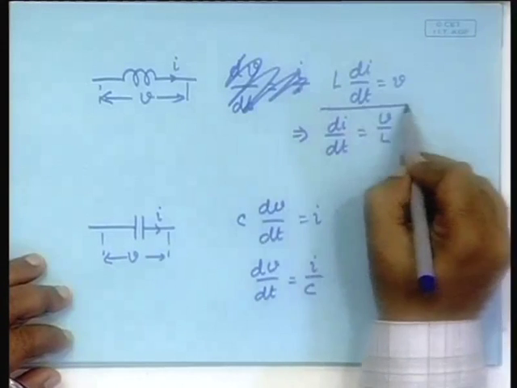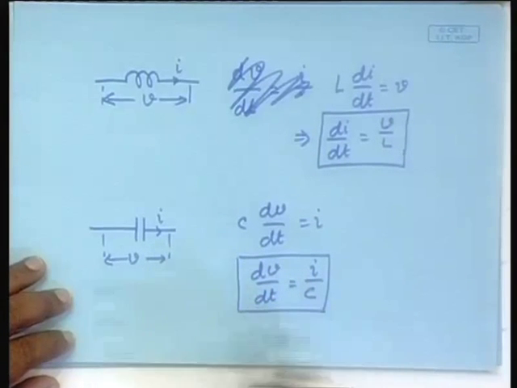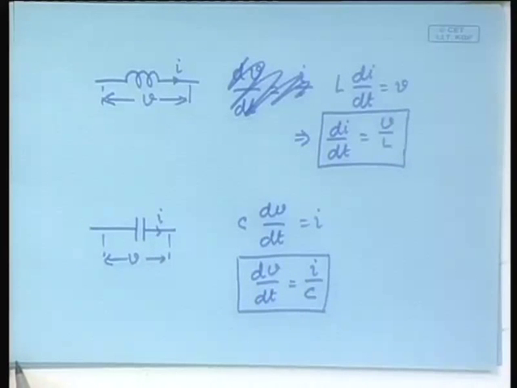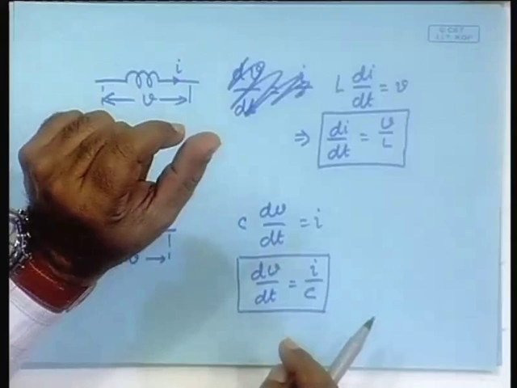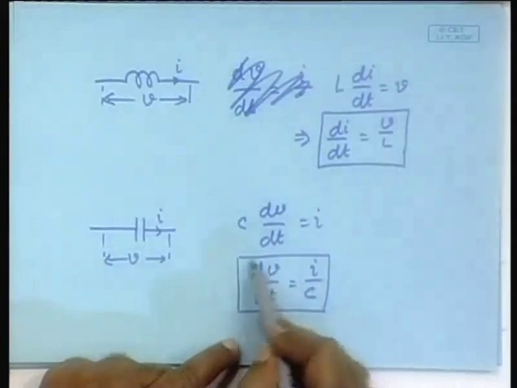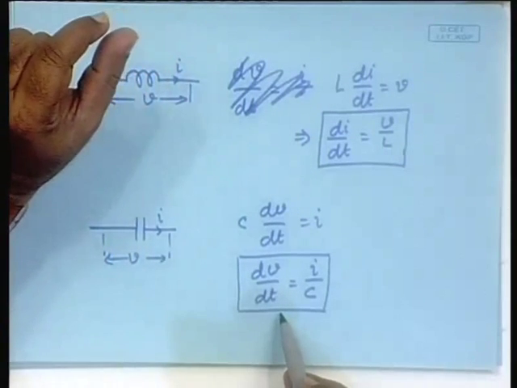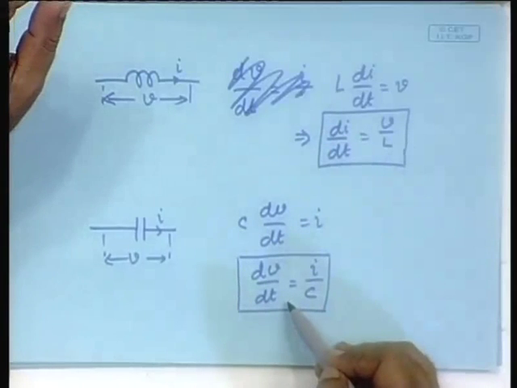So, these are obviously differential equations. So, the immediate conclusion is that if in the circuit I notice that there is an inductor, then I will be able to write this equation only for that inductor, and if there is a capacitor I will be able to write this equation only for the capacitor. These are first order differential equations.